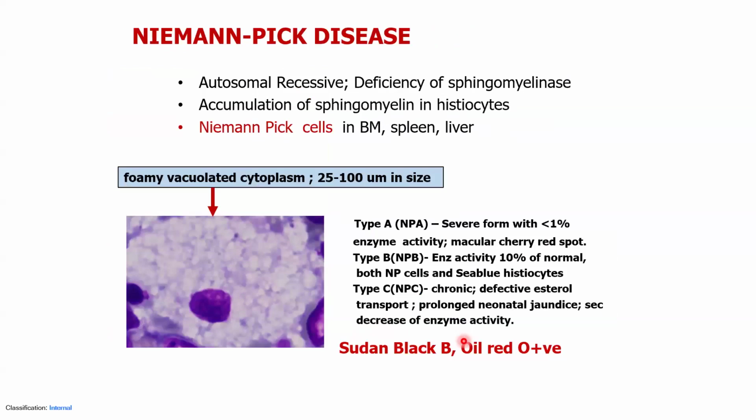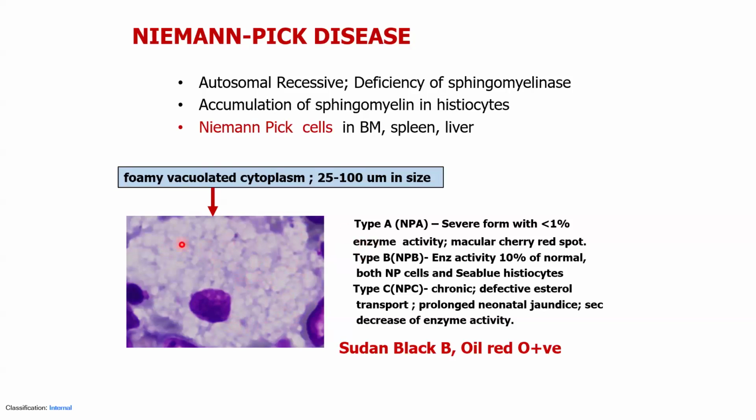Niemann-Pick disease is autosomal recessive transmission, and it is due to deficiency of sphingomyelinase, leading to accumulation of sphingomyelin in histiocytes. Niemann-Pick cells can be seen in bone marrow, spleen, and liver, and these are vacuolated. It shows multiple small vacuoles within the cytoplasm of the macrophages with a small nucleus, and that is how you differentiate.